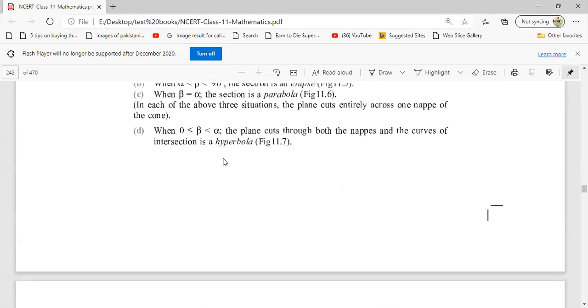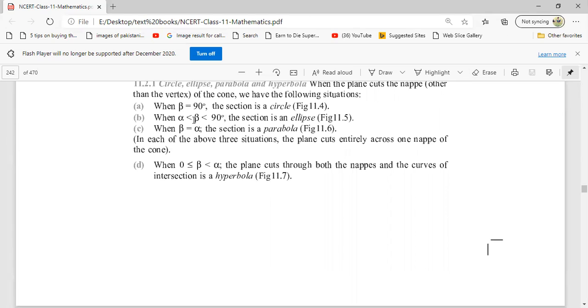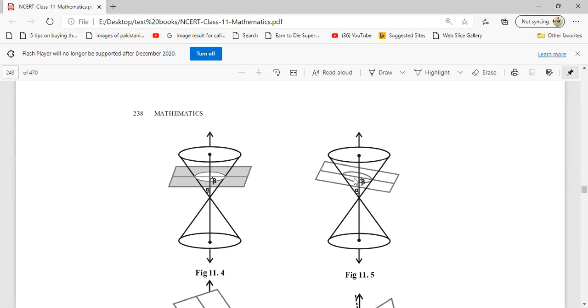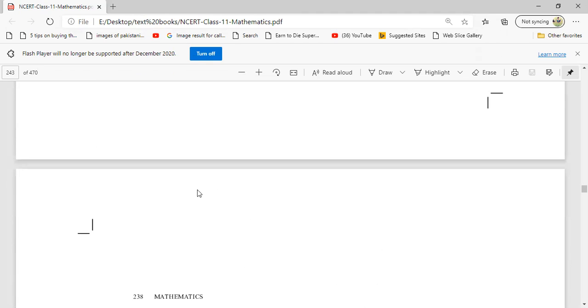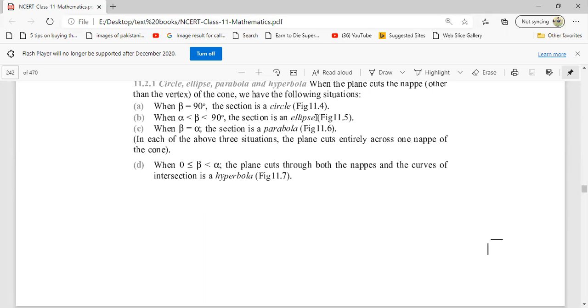Then if beta is greater than alpha but less than 90 degrees, this plane will be somewhat tilted. You will get an oval shape, not a circular shape. This oval shape is called an ellipse.